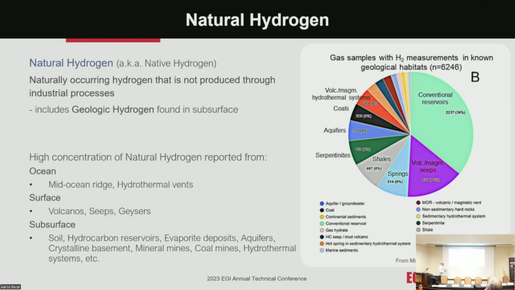This is just to show where you can find natural hydrogen. There's of course a bias towards unconventional reserves, because there are more samples available with gas measurements. But yeah, you can find natural hydrogen everywhere. But really for us, the hydrogen found in the subsurface is the one we are interested in.